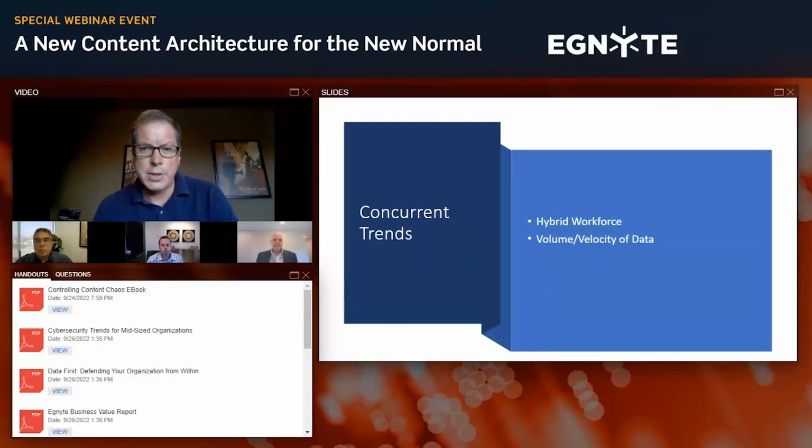One of the next ones that we wanted to talk about here is the volume and velocity of data. There've been sort of 3 major waves of file sharing that you can think about. You had the post-1993 wave, driven by the release and widespread corporate adoption of Windows File Server. And then you saw the onset of consumer cloud storage, both in enterprise versions and as shadow IT purchased by individual employees.